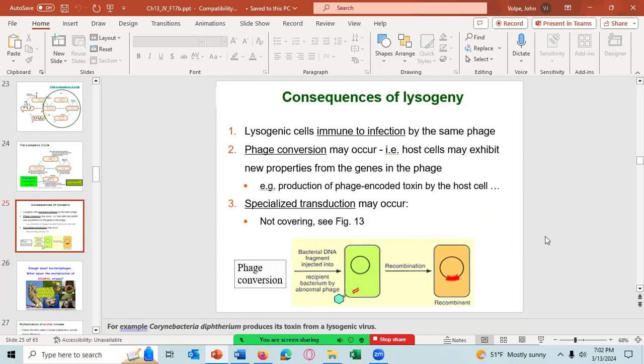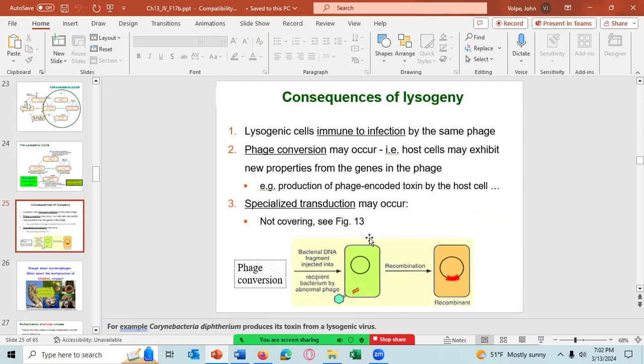All right, there are some consequences for lysogeny. The most important is that a bacteria that has a lysogenic virus in it gets new DNA, which will be the DNA from the virus, and that can express new genes, causing the phenotype of the cell to change.